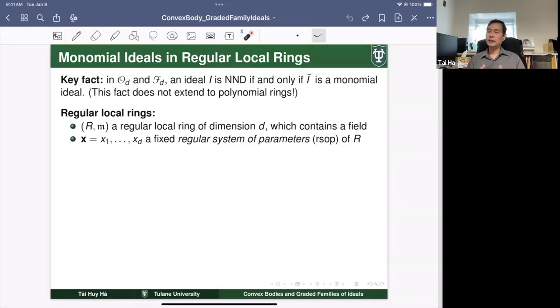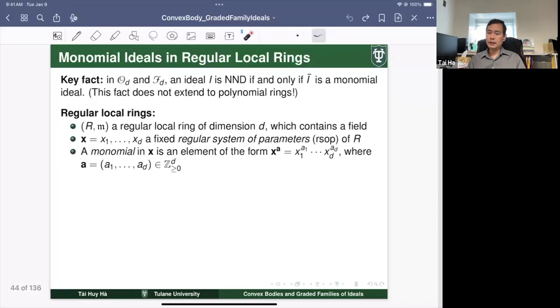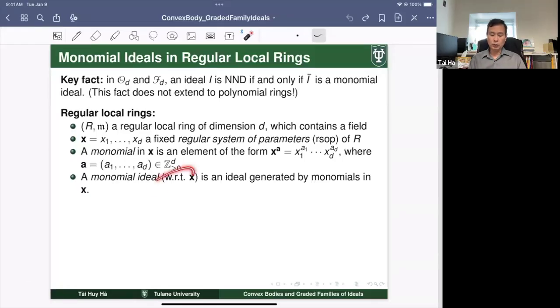In the case of a polynomial ring, it represents the variables, basically. Monomials with respect to x are just elements of the form x1 to the a1 through xd to the ad, just like what we have seen for monomials inside a polynomial ring. And a monomial ideal, with respect to this fixed regular system of parameters, is an ideal that has a collection of generators that are monomials in x.